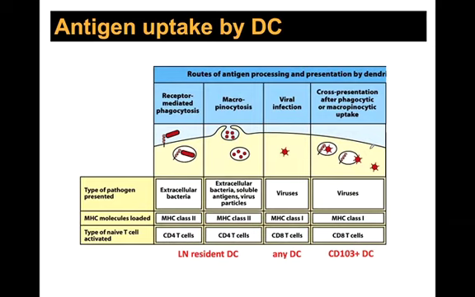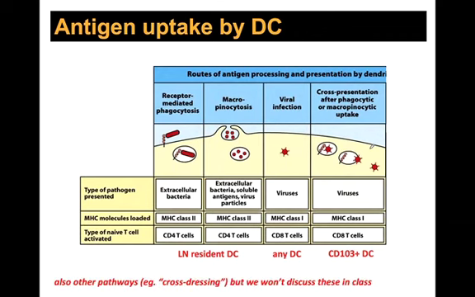The lymph node resident dendritic cells are better at activating CD4 T cells, where they're taking up antigens that make it to the lymph node. Mostly the cells that are going to activate CD8 T cells are going to be peripheral migratory dendritic cells that then move to the lymph node.